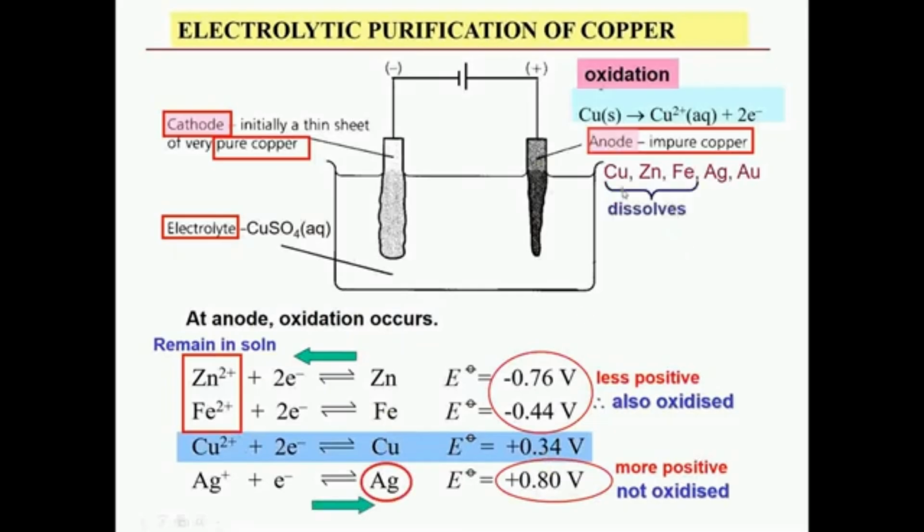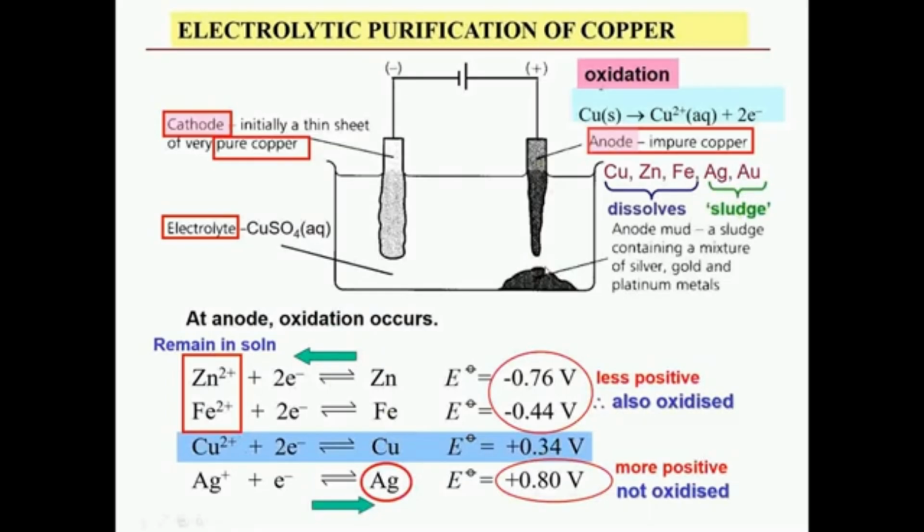So we have copper, zinc, iron dissolving and going into the solution as ions. Silver and gold don't dissolve, remain in the metallic form, and will be collected as anode sludge. From the anode sludge, precious metals like silver, gold, platinum could be isolated.